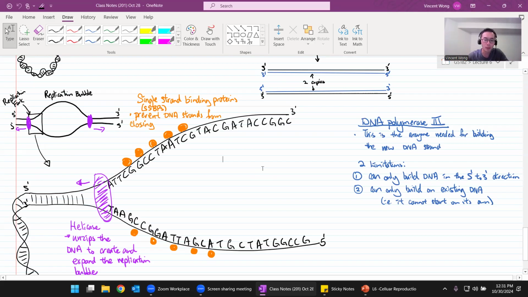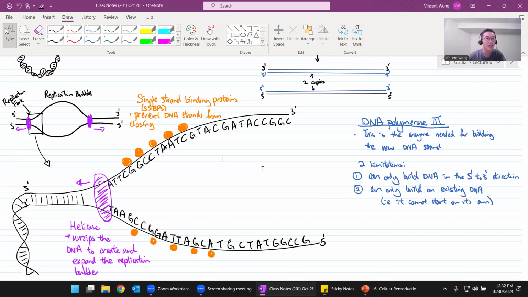So we know that DNA replication follows the semi-conservative model, which is you would separate the parent strand and then you would use each half as a template to create the missing half of the DNA. So in the end, you will have two copies of the DNA. Each copy will have half being the original material and half being the new material.